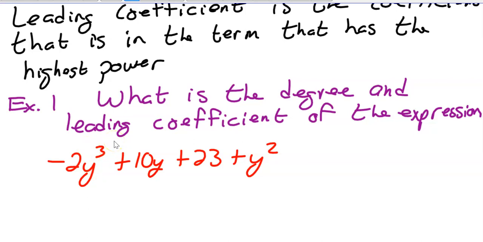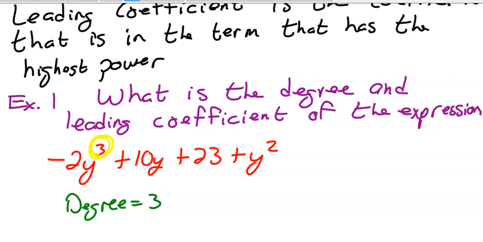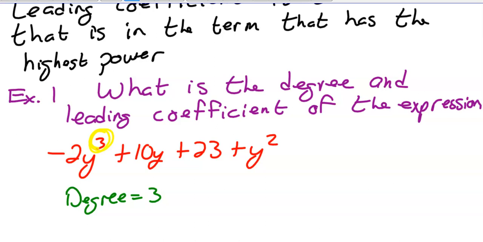Right here, right? We got third power. So we've got the power of 3, so that's our degree. And the leading coefficient, well, that's just the number that's in front of the variable that you have here. So your leading coefficient would then just be -2.